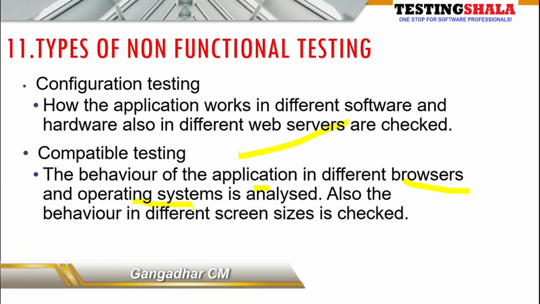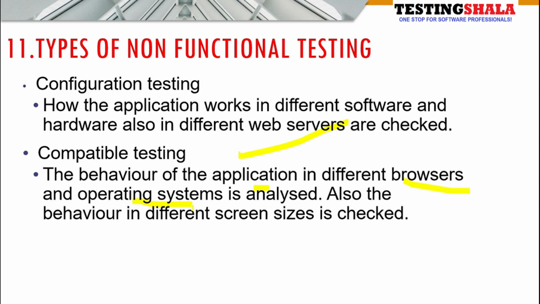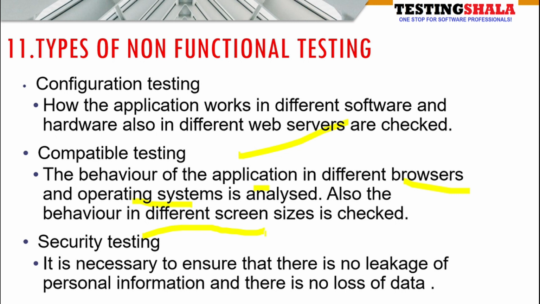We will be validating the behavior of the application on different combinations of browsers and operating systems, and also with different screen sizes, especially if you are doing mobile testing. Mobiles have different screen sizes, so as part of that testing we will be doing screen size validation. So that is all about compatibility testing.